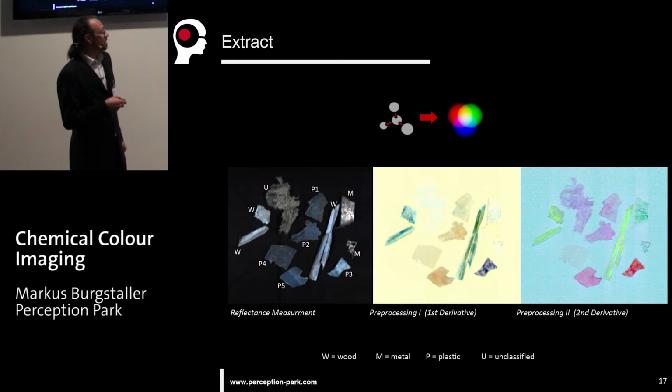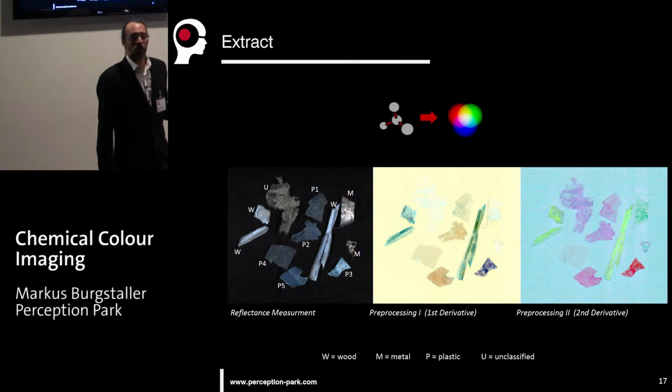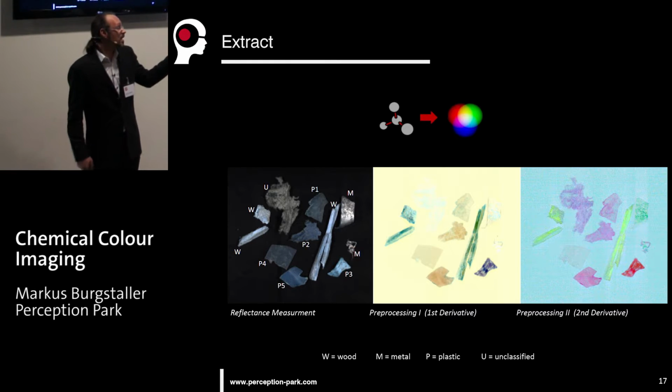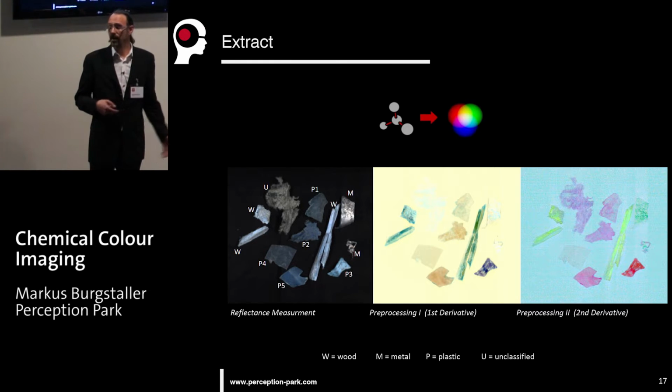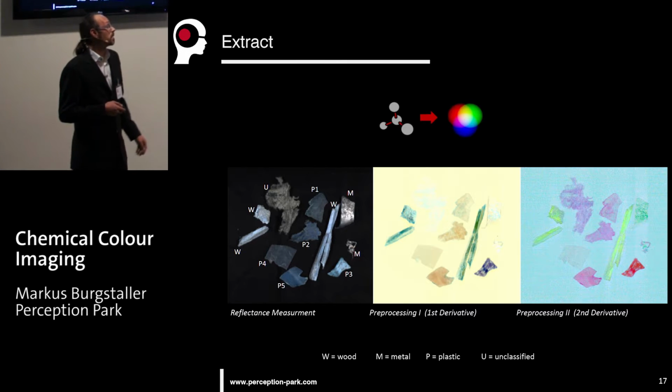You can see in this image the wooden parts are more greenish, while plastics are more yellow. In this image you see the plastics more purple and the wood in a greenish color. That could be a first solution for this application, because machine vision people can use this color information and classify on it very easily.